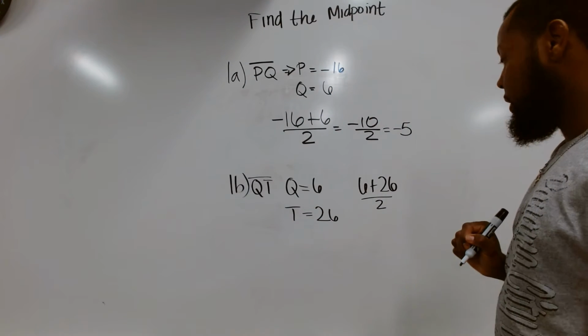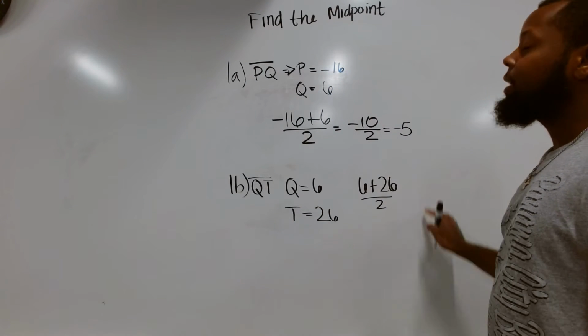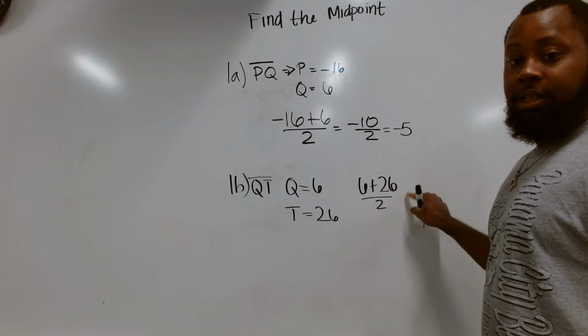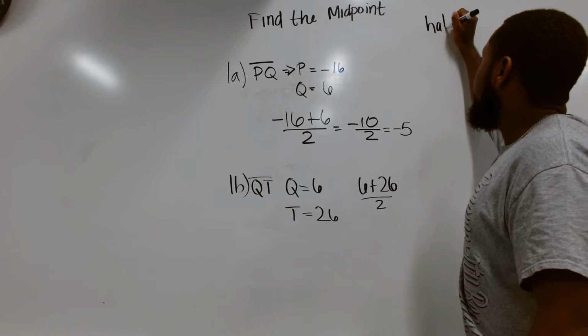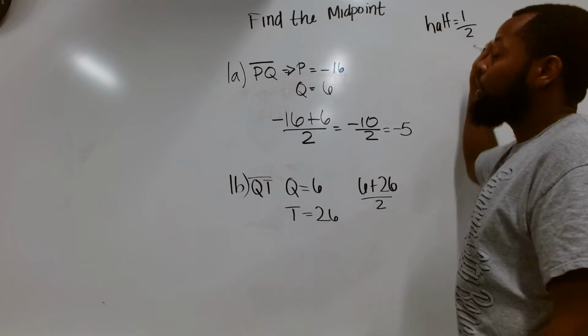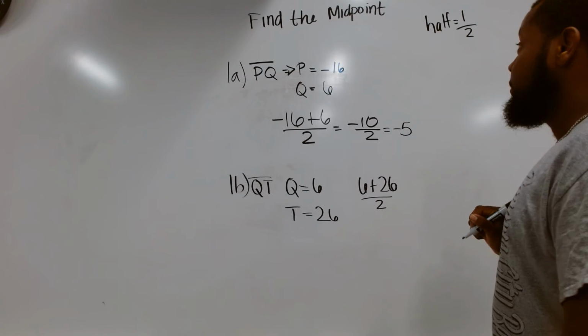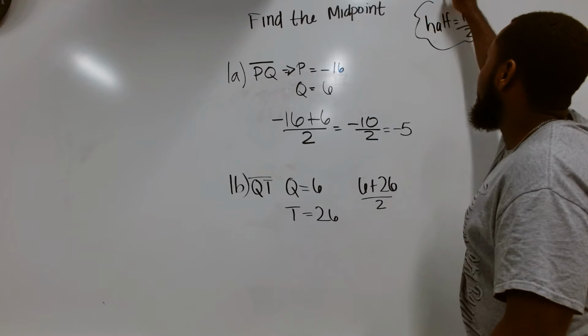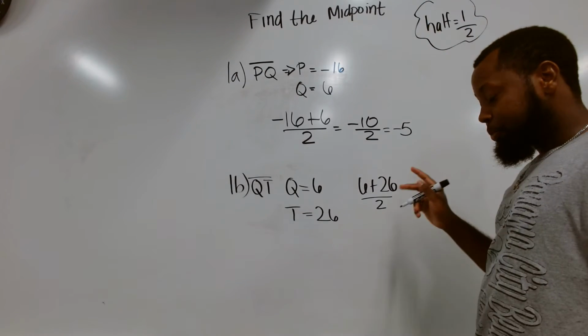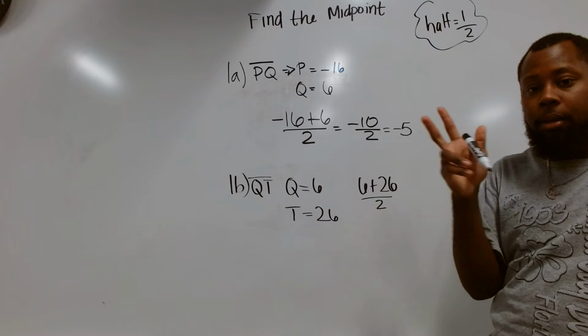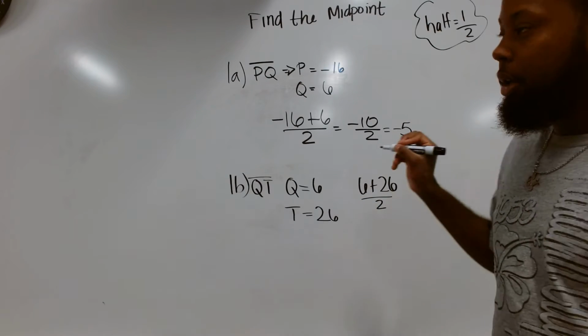That is midpoint. Midpoint is in the middle. It's the halfway point. All right, half, if you don't remember, is represented as 1 over 2. If you don't know this, write it down, because it's going to help you. Okay? So, 26 plus 6 will give us 32.